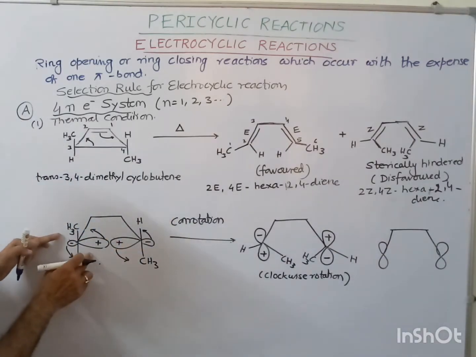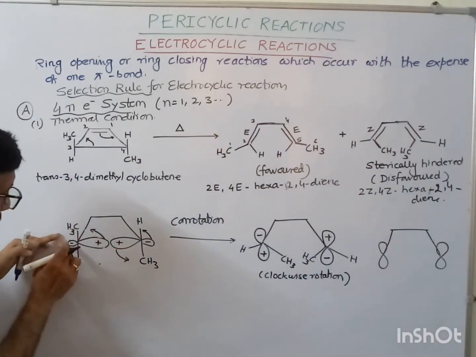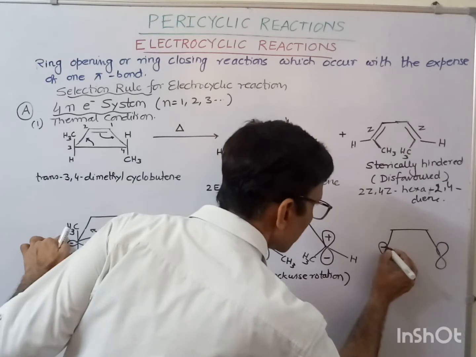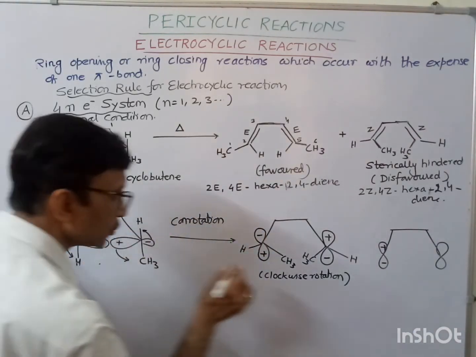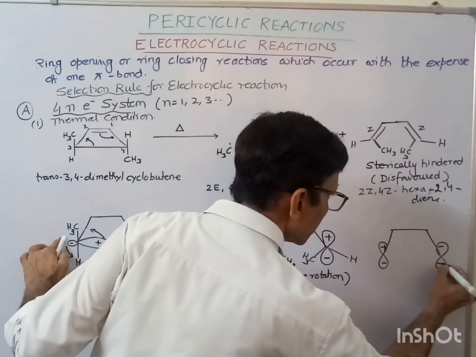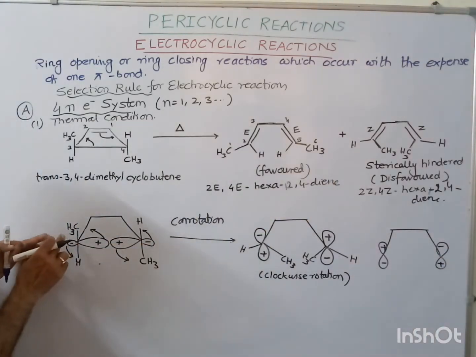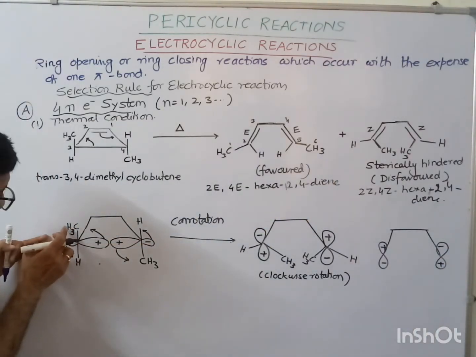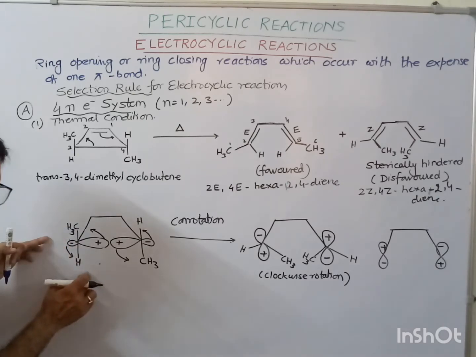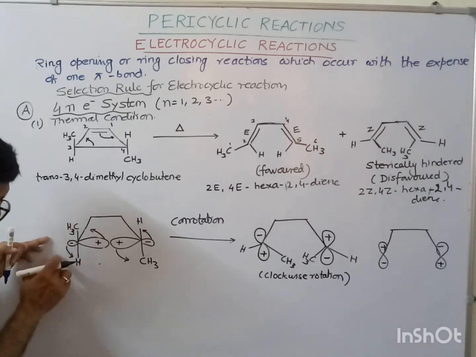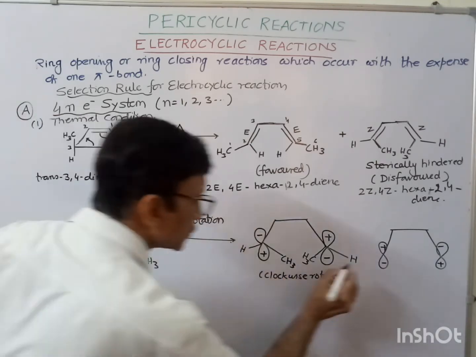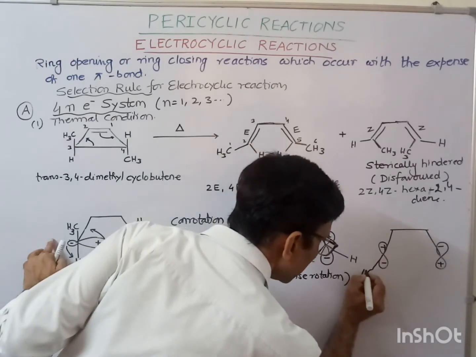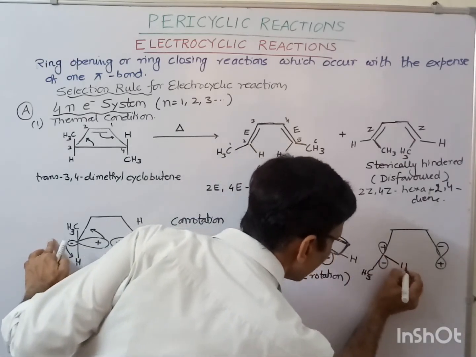So for this lobe, plus will come up, minus will go down. Plus come up, minus go down, and here minus come up, plus go down. And if you see the substituent, then CH3 is coming outside, hydrogen is going inward.